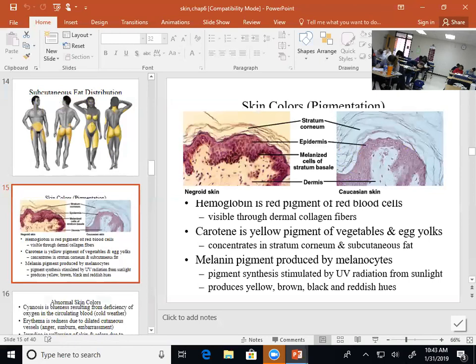So hemoglobin is a protein found in red blood cells. It is the predominant protein inside of red blood cells. It delivers oxygen to our tissues. The heme part of that is an actual pigment protein. It looks red. And so this is why our blood looks what? Red. This is why our blood looks red.